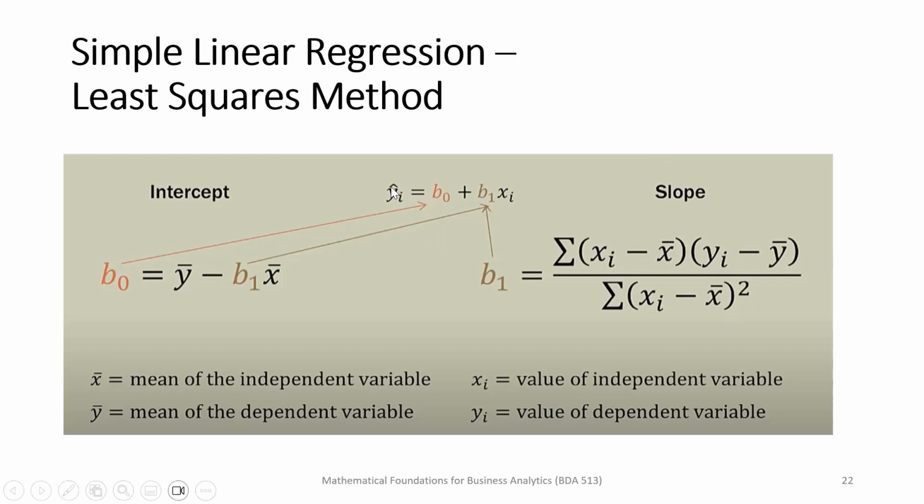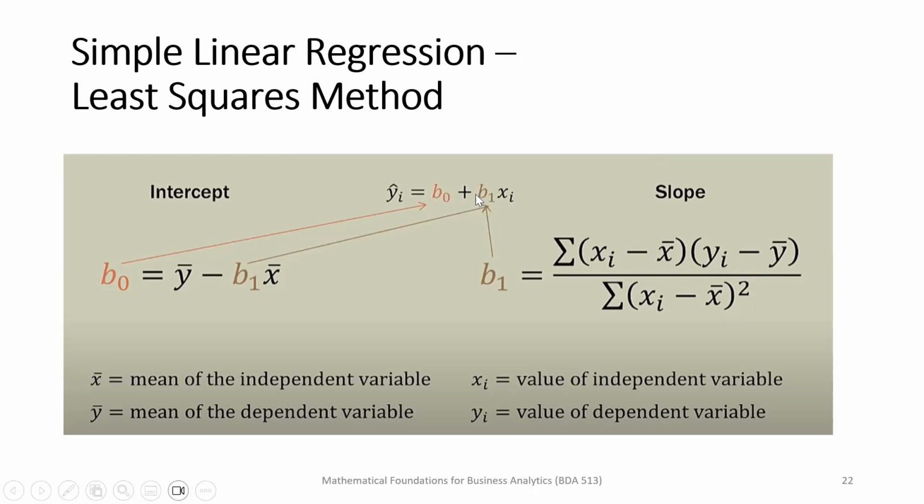For you to find a predictive value for y, you need to find the intercept plus b1 multiplied by a value for the independent variable. So we are picking the components of these.